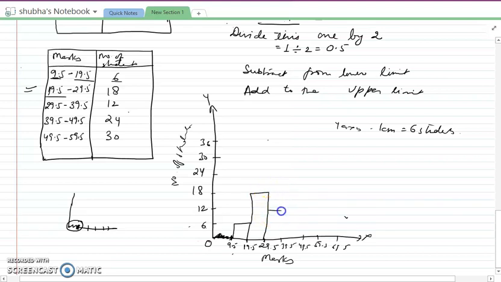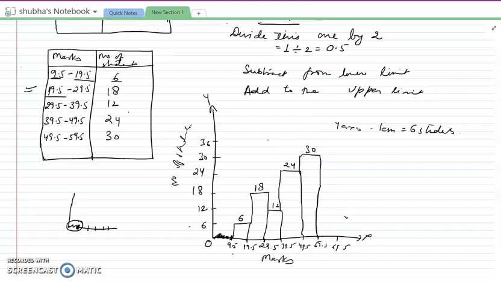The third one is 12, then 24, and then it is 30. I hope it is very much clear to you how we make the histogram.